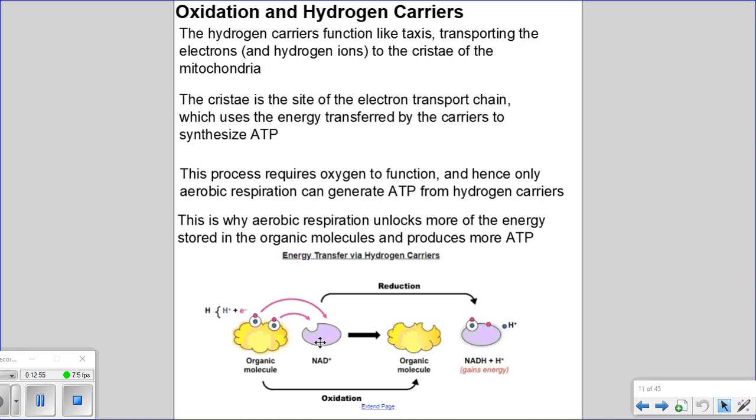So this is what's showing here. Here is its oxidized form, and then here, it's gained that hydrogen ion and electron, and is now reduced. The organic molecule undergoes oxidation as it is losing the electron and hydrogen ion and has had those transferred over to NAD.